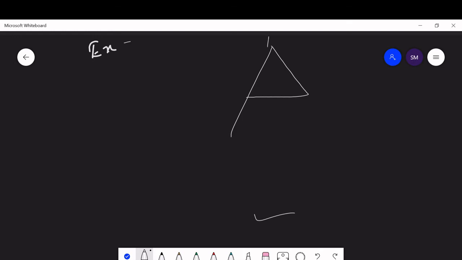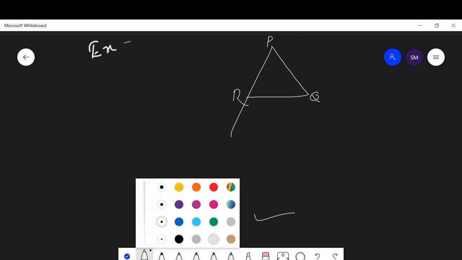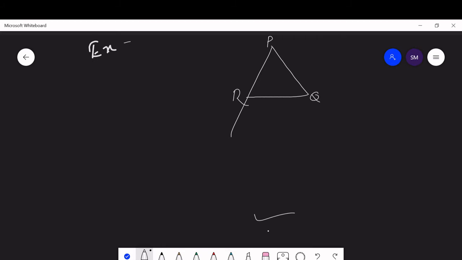Here PQR is a triangle in which this is the exterior angle. The measure of P is 60 degrees, given. The measure of Q is 70 degrees, given. Here we have to find the measure of angle R and the measure of the exterior angle QRY.